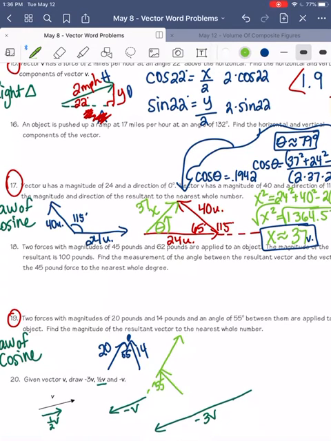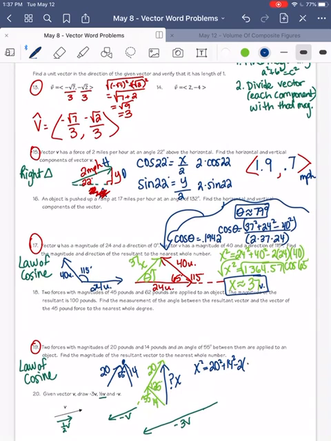And then remember, 55 is not the number we want to use. So we're going to do 180 minus 55, which gives us 125 degrees. So the 20's here, the 14's here, and now our resultant is going to be here. All right, and it just asks for magnitude, so that's x. So we're going to do x squared equals. Oops.